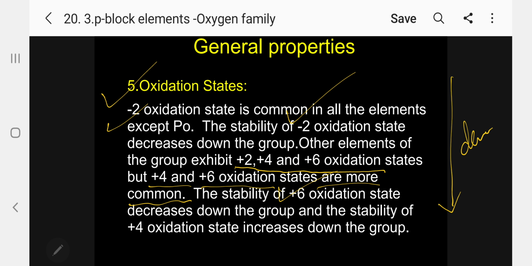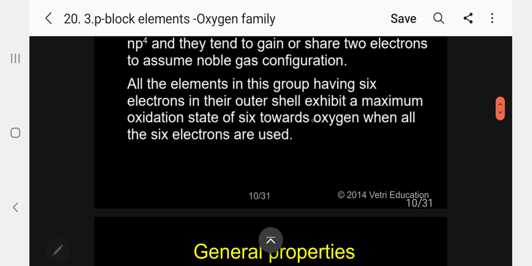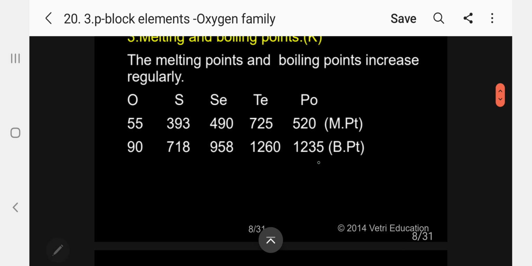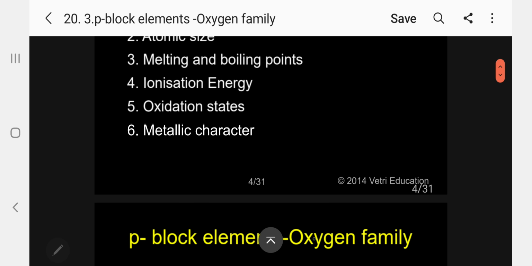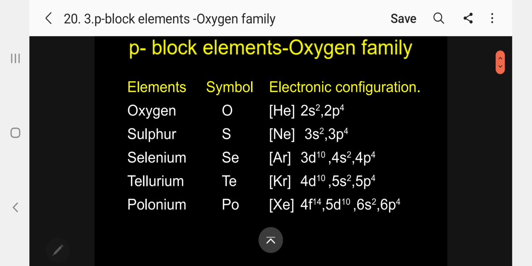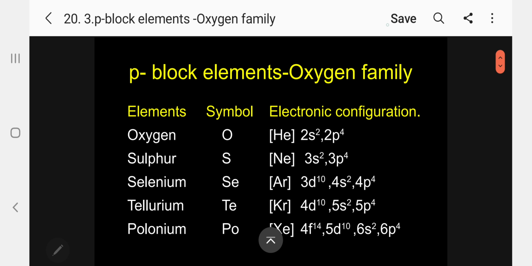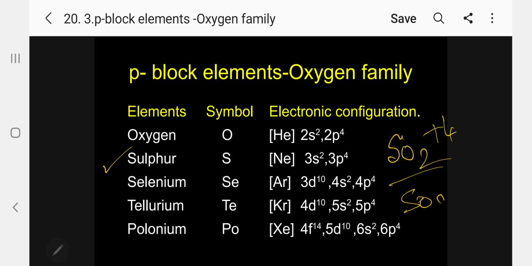This is the most important. So, kindly follow. This is the family, with its electronic configuration. What will happen now? If you go for sulfur, let me take sulphur dioxide, oxidation state +4. Sulphur trioxide, +6.